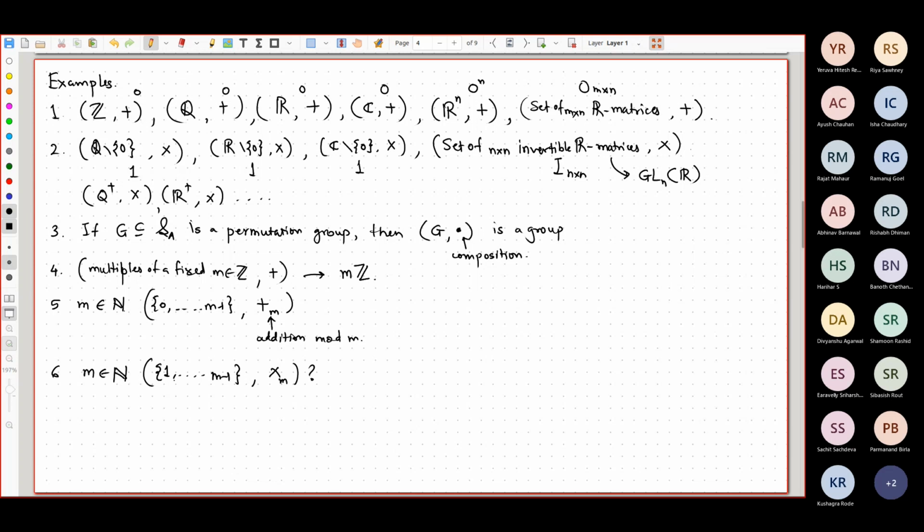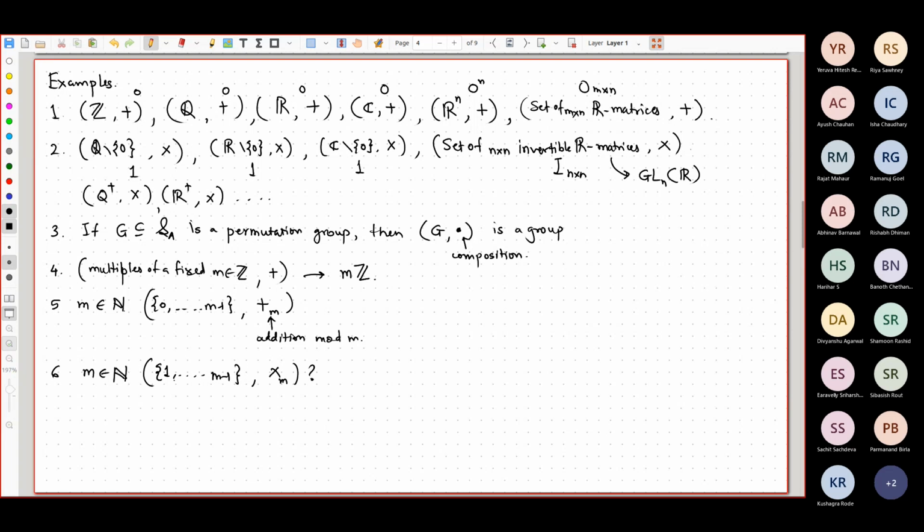No, sir, because again, we might not have an inverse. Can you give a concrete example of some M and some number which does not have an inverse? Sir, if the number has a common divisor greater than 1 with M, then we cannot have an inverse.